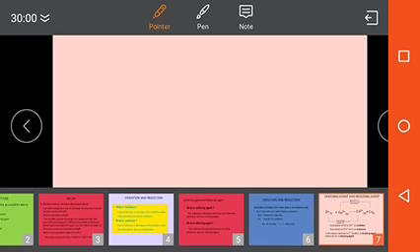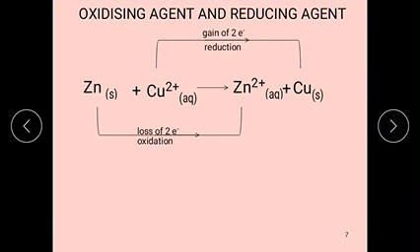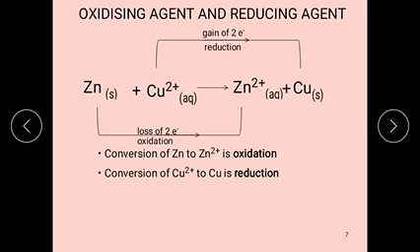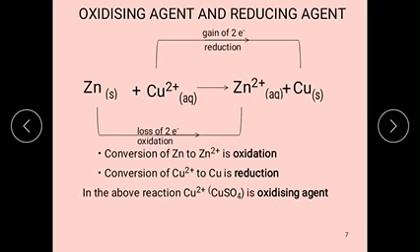The substance which gives electrons to another substance is called the reducing agent. Here copper plus 2 gains electrons, so it acts as the oxidizing agent. Zinc acts as the reducing agent because it gives electrons to another substance.